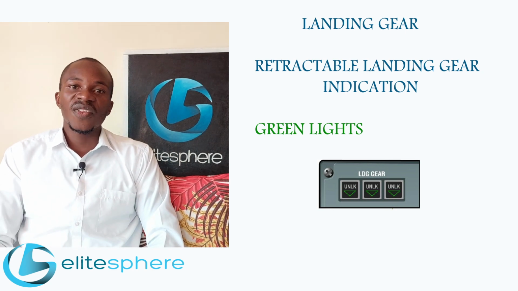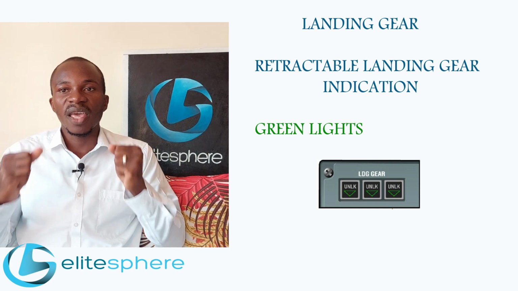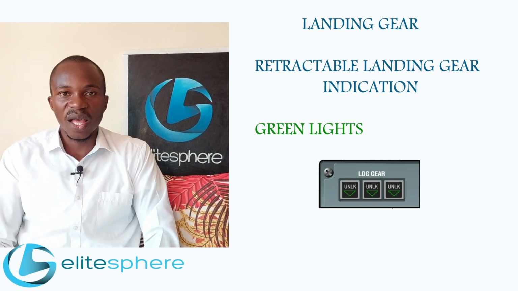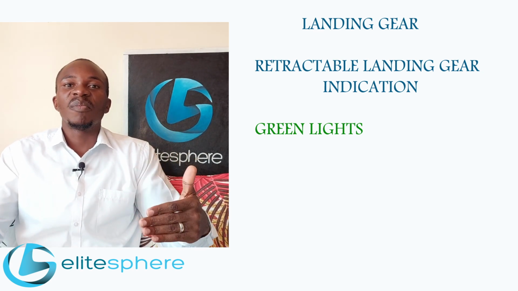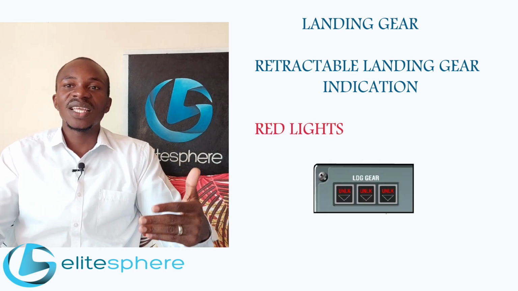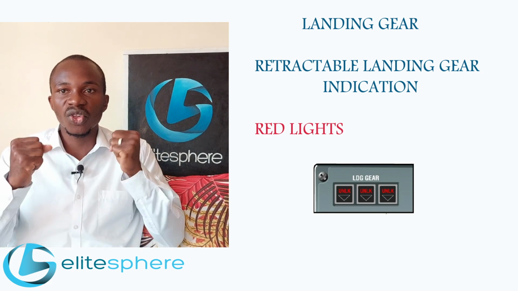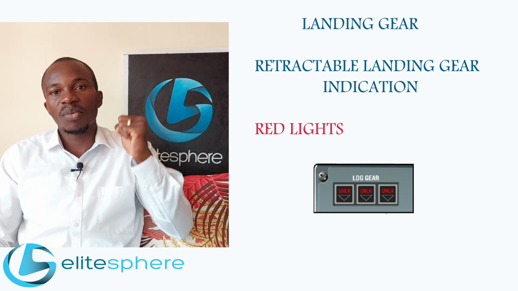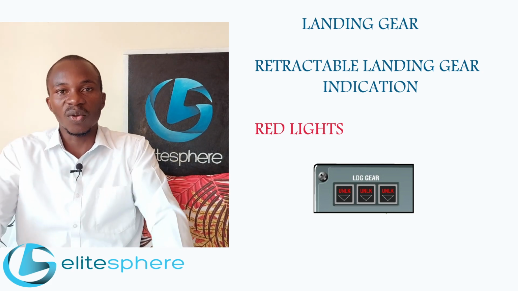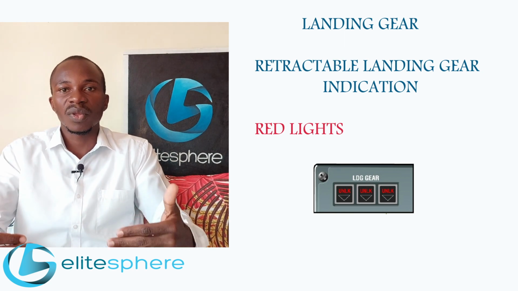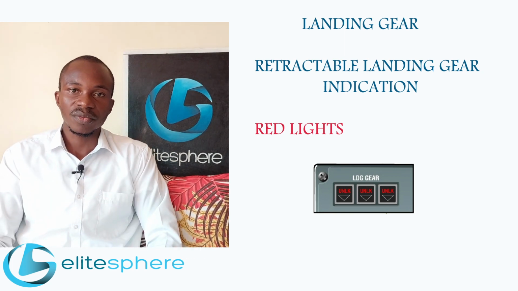When the landing gears are in transit, either going up or going down, these green lights are replaced by red lights. These red lights indicate that the landing gear is in the transit position, during retraction or extension.